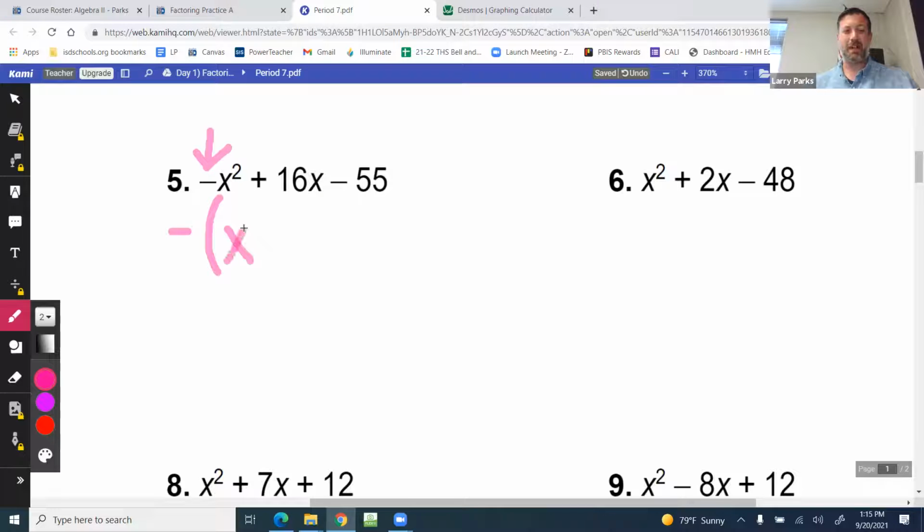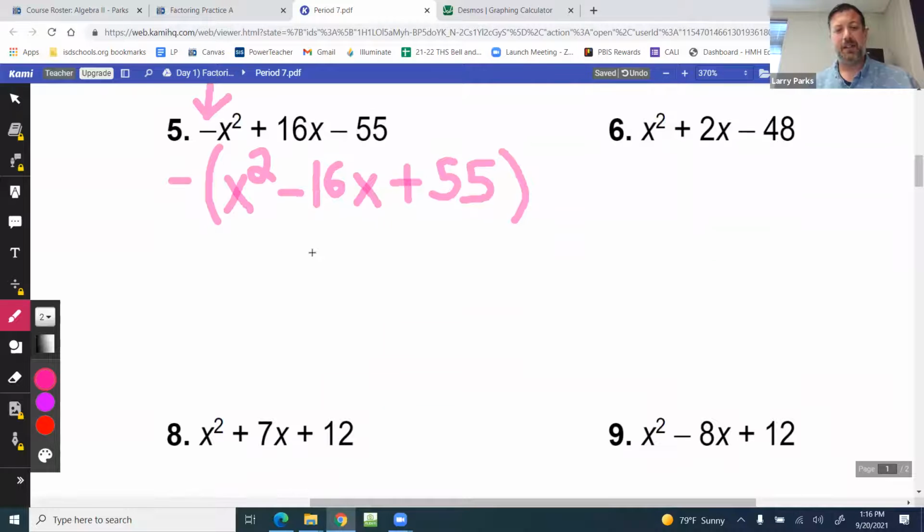So that changes that to a positive x squared. That changes that from a plus to a negative. And that changes that from a negative to a positive. So it negates everything. So anytime you have a negative, just pull it out. Not that bad.